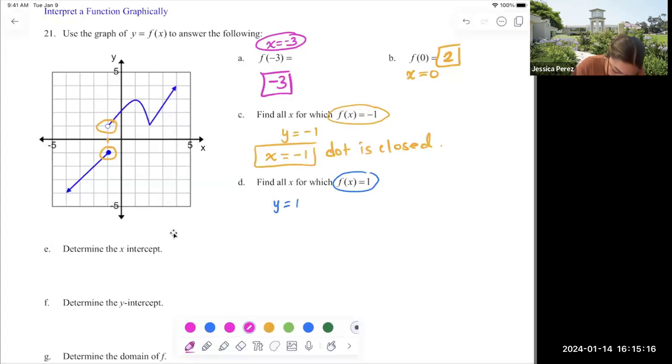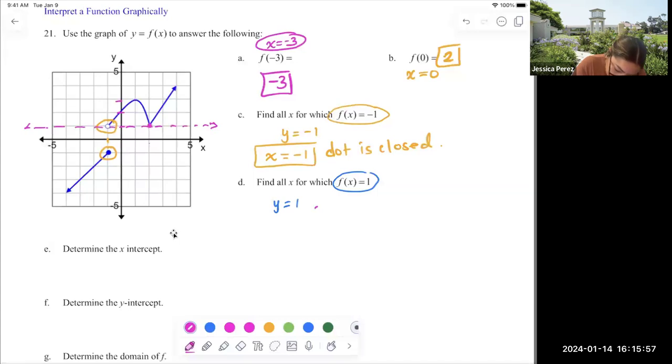Now, what happens when y is equal to +1? So when y is 1, right here, your value corresponds to 1, 2, 3. So when f of x equals 1, it's this equation, and you'll have y equals 1 at how many places?